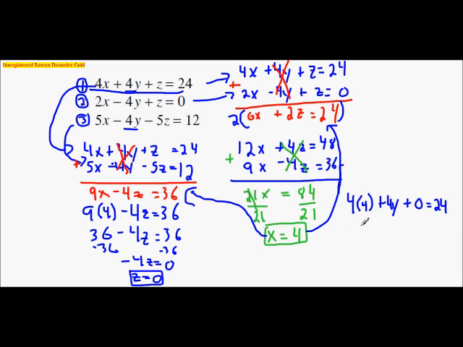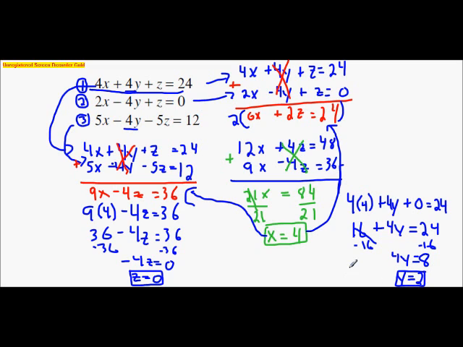So 4 times 4 is 16, plus 4y plus 0 is 0, is equal to 24. I'm just going to keep solving this. Subtract 16, and I get 4y is equal to 8. And so that means that y will equal 2. And so there goes my y.